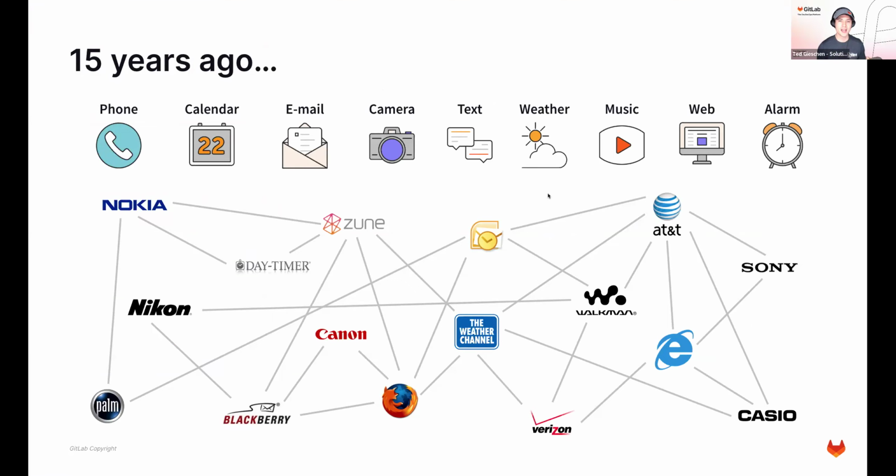But they were all spread across all these different interfaces and devices. For example, you had to have a Walkman to listen to your music. You might have a physical calendar hanging on your wall, and you might have a Nikon camera for photography.